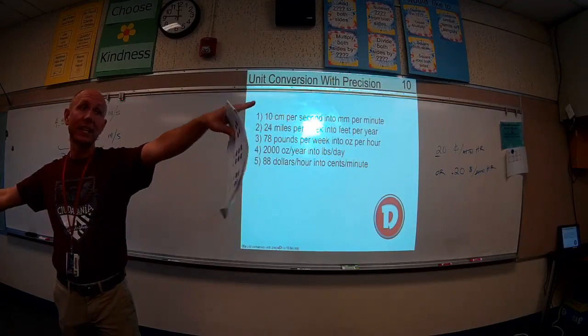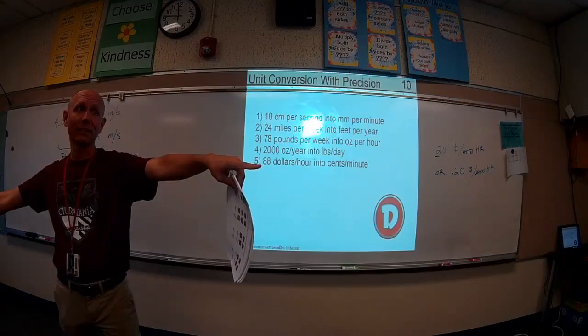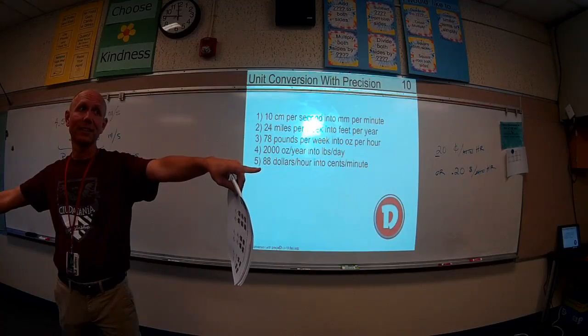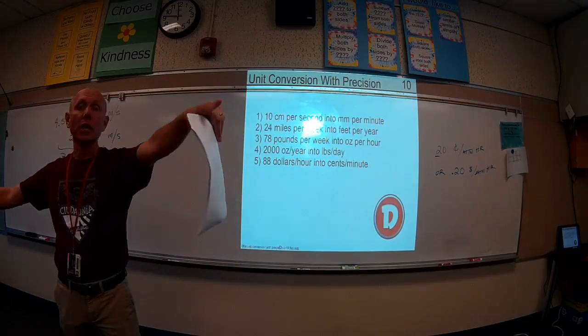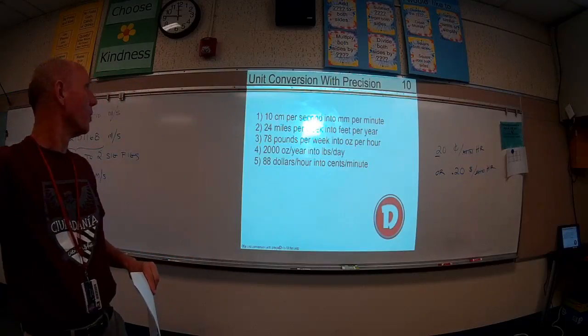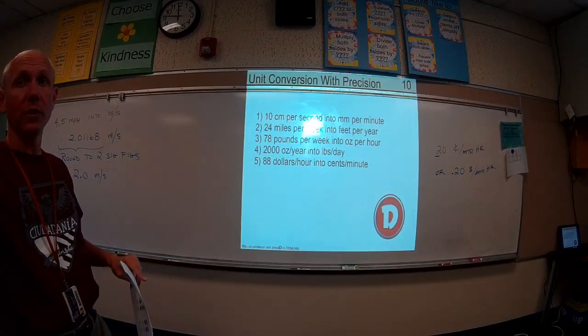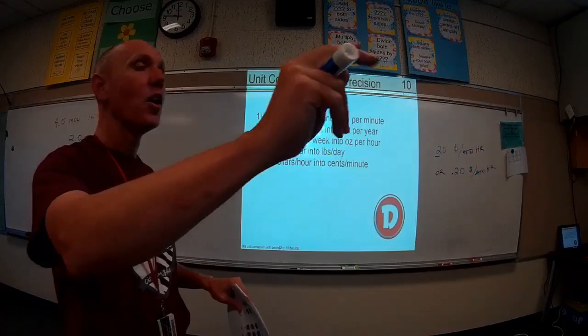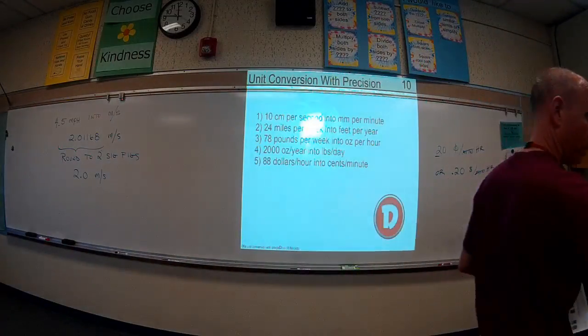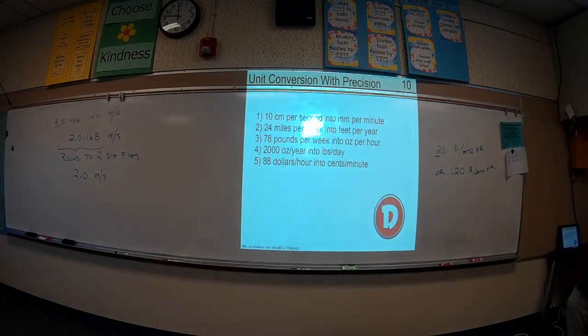So 146 cents. That can't round to 15 cents. Oh wait, I just did my math. Okay, yes. We've got it as 2 sig figs. You've got it as 3. So did you have 150 at some point? Yes. 150 isn't going to round to 15.